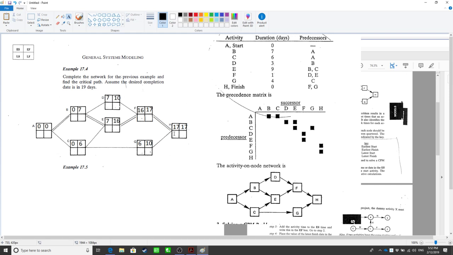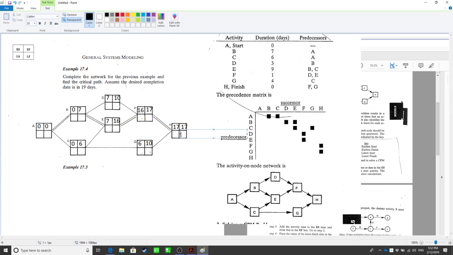Okay, here, what is the latest time to finish the task? 17. Yeah, it's also 17 because we didn't have more information. It's going to be equal to the earliest finish time, so it's going to be 17 in this example.